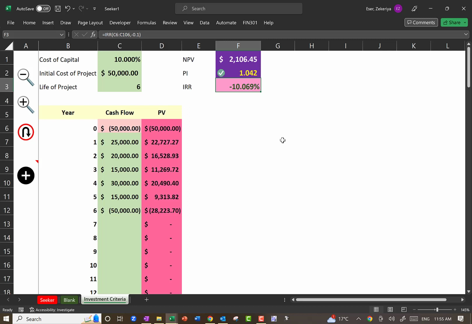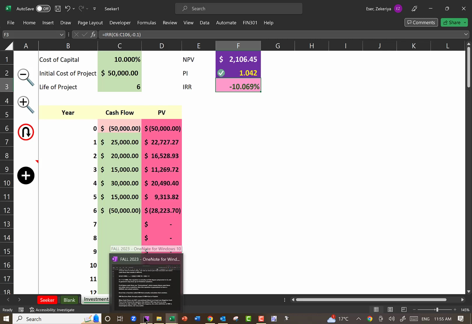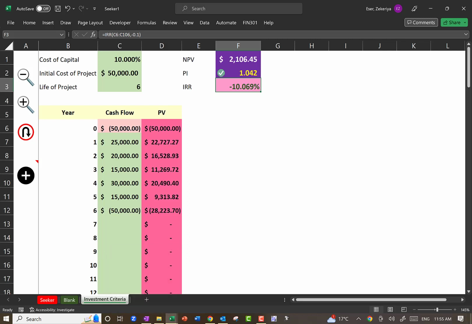NPV doesn't care whether future cash flows are negative or positive. But people like the idea of seeing some sort of rate of return, especially when you're presenting this to the board or executives. You want to be able to tell them this is how much money we're making per dollar. Executives like that.